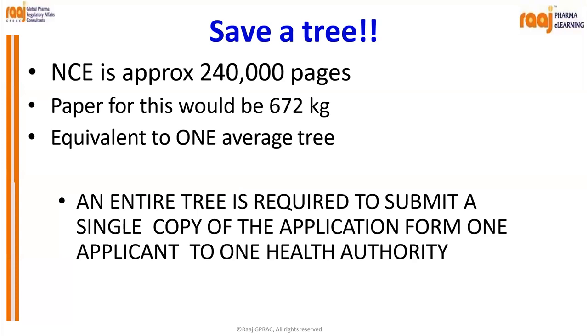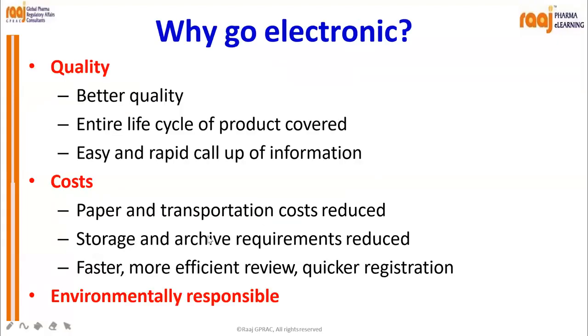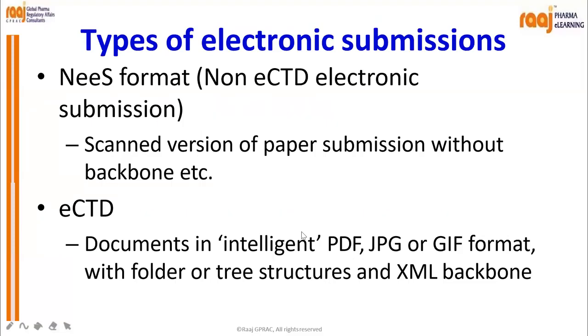Tomorrow I may go to the rest of the world, Bangladesh, Pakistan, Sri Lanka, and slowly I move towards the African countries, European countries, Russian countries, US, Europe. So just imagine if I have 1,000 products, then so many trees would have been cut in those days. That is the reason I always say this third point is very important: to have electronic submission that is environmentally responsible.